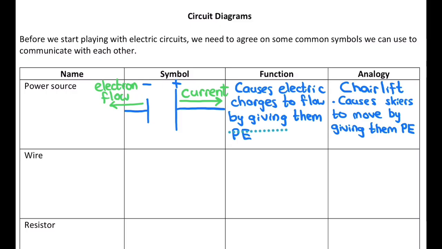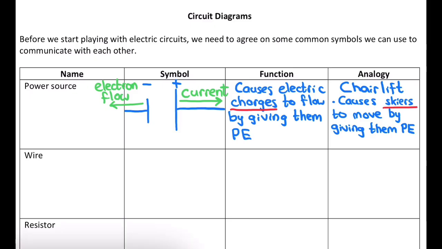So just like a power source causes electric charges to flow by giving them potential energy, a chairlift causes skiers to move by giving them potential energy. It lifts them up to the top of the hill where they have more gravitational potential energy than they did at the beginning. So in this analogy, the charges in our electric circuit are a lot like the skiers on our ski hill.